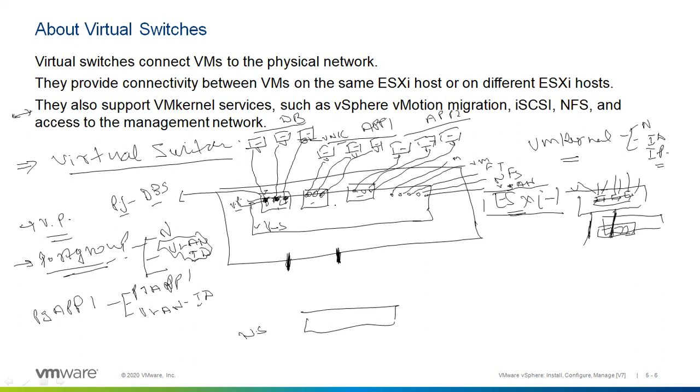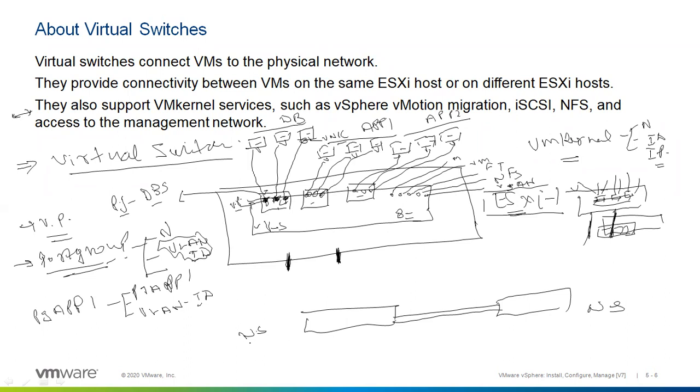This task will be yours as a vSphere administrator, but being a network administrator, for example, today you tell your network engineer that from this virtual switch, my 6 or 8 VLANs will travel to these network switches.